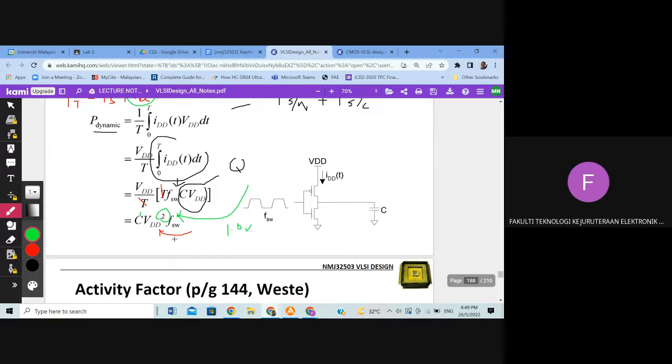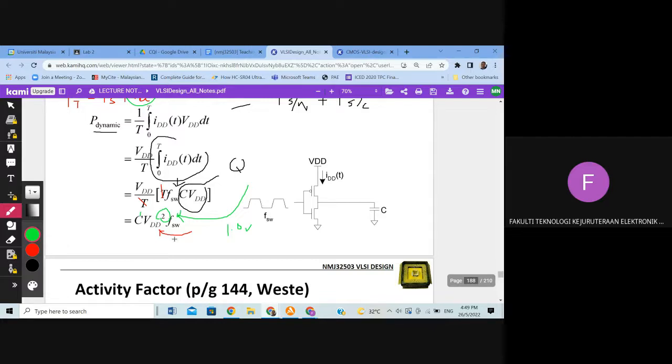So with F switching bigger, the dynamic power will also be bigger, and the total power dissipation will also be more. That's the relationship between the switching frequency and the dynamic power. So there is a trade-off. You want the system to be faster than other systems, and you will sacrifice a bit in terms of dynamic power dissipation.